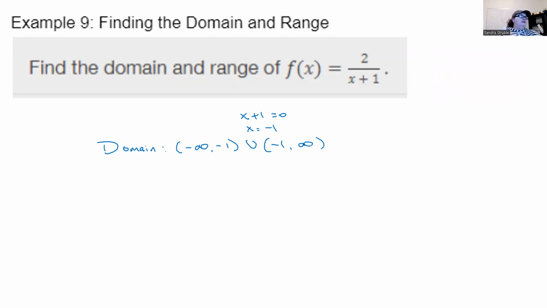Anytime you have a fraction like this where it has a constant in the numerator, just a number, no variable, your range cannot equal 0 ever. Because -1 is the only number that you can't plug into this, 0 is the only thing you'll never get out.